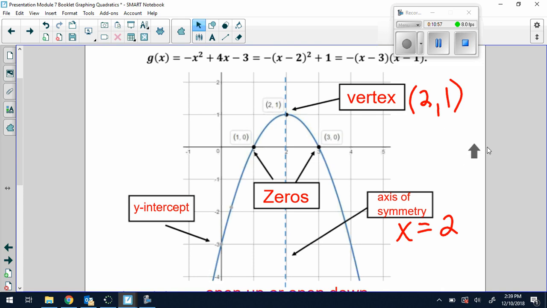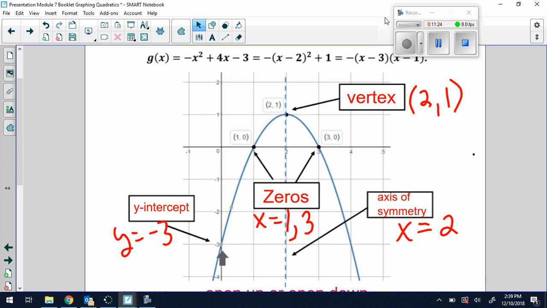For my zeros, I'm not going to write them as points. I'm going to write x equals. So I'm just looking at the x coordinate, 1 and 3. So my zeros are right there, 1 and 3, because that's where I'm crossing the x-axis. And my y-intercept is right there. So in this case, my y-intercept is -3.